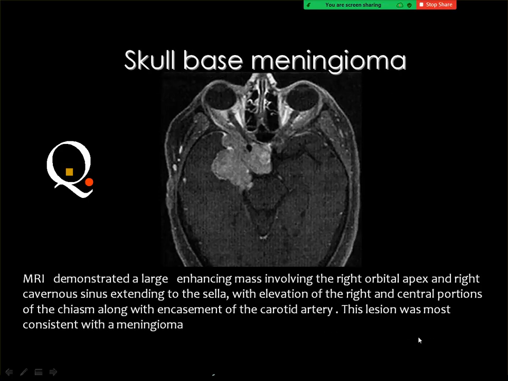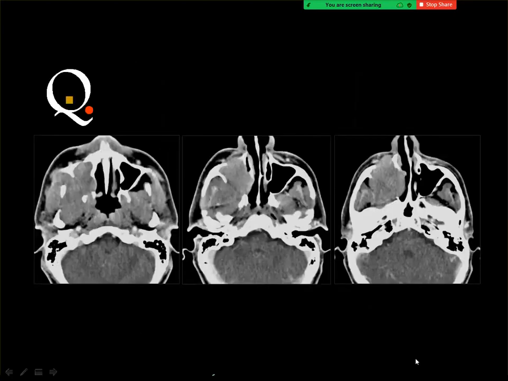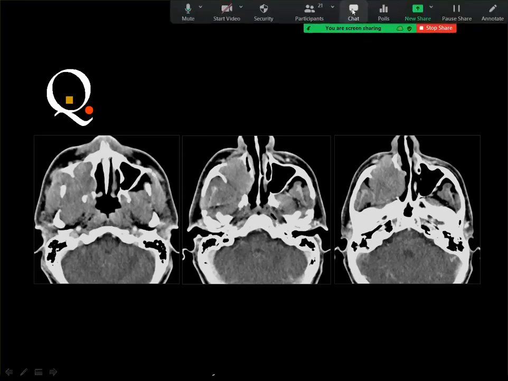Then this is one of the types of skull-base meningiomas that occur in the anterior or in the middle cranial fossa. This patient with a mass in the region of the right maxillary sinus.